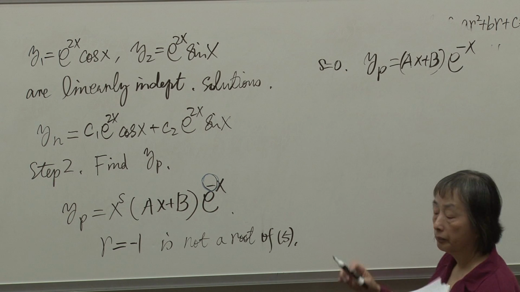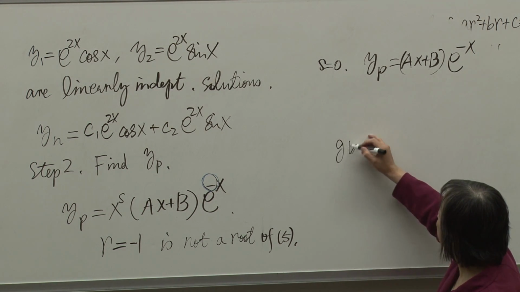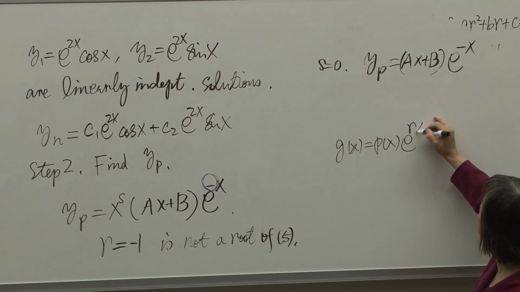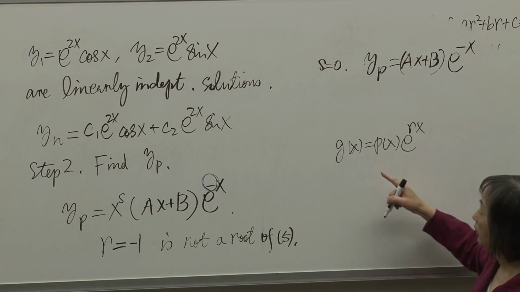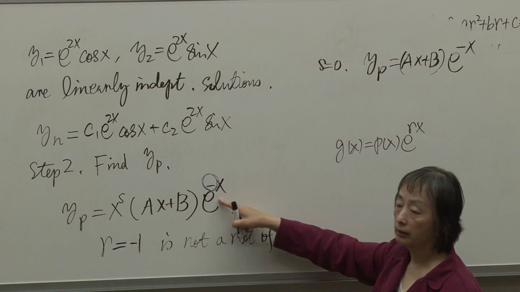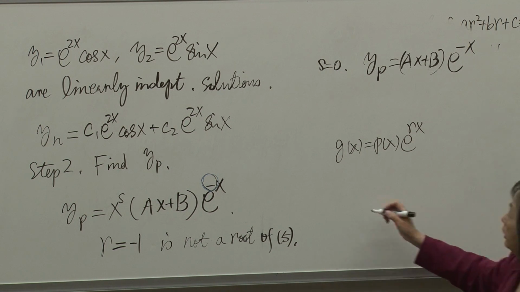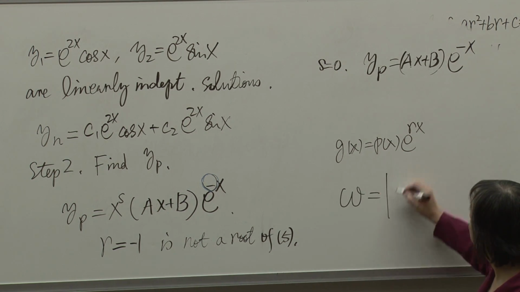Remember, when g of x is a polynomial times an exponential function, we need to recognize the coefficient of x. So before we choose a method, let's evaluate the Wronskian.